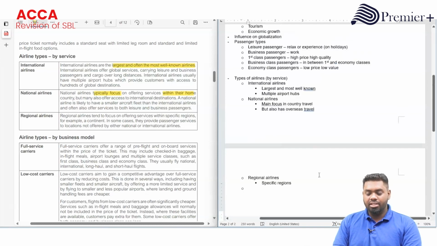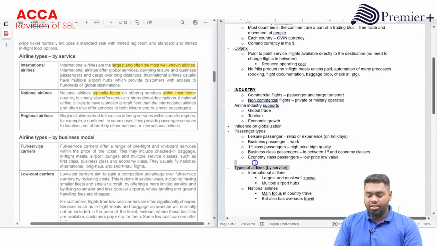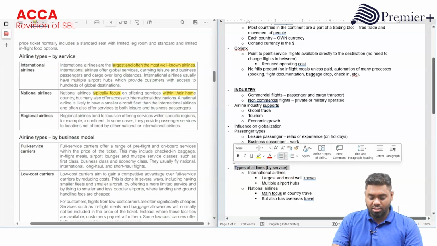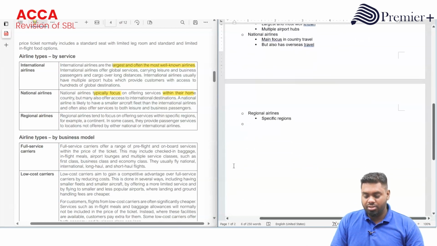Right. Next we'll look at the next classification, where we look at types of airlines, not by service but by business model.